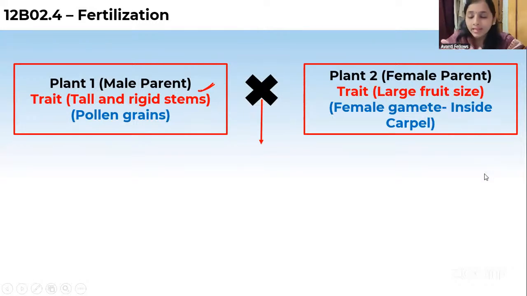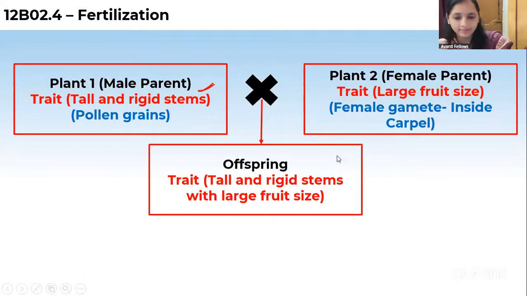Now we are expecting progeny that has both the tall and rigid stem and produces the large fruit, because the parents have those characters. That's why the offspring produced from these parents have the tall and rigid stem with large fruit size. This is how we do the fertilization, that is, artificial hybridization.